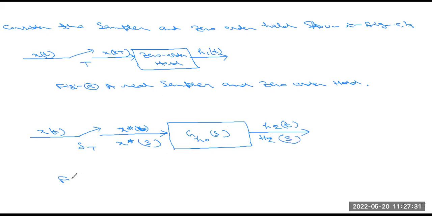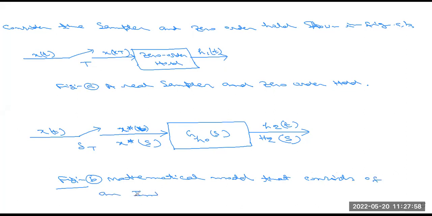So now this is figure B, a mathematical model that consists of an impulse sampler and a transfer function, that is G h of s.